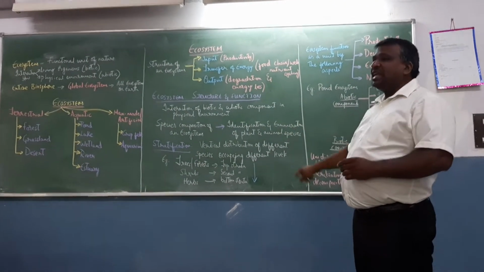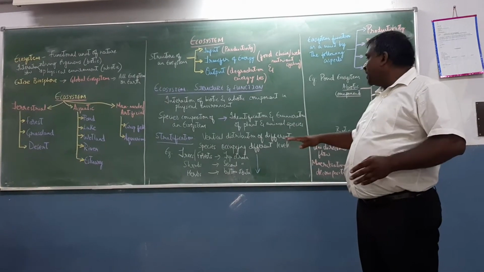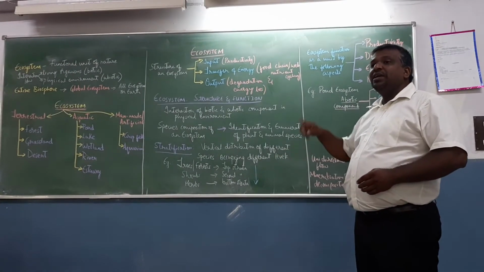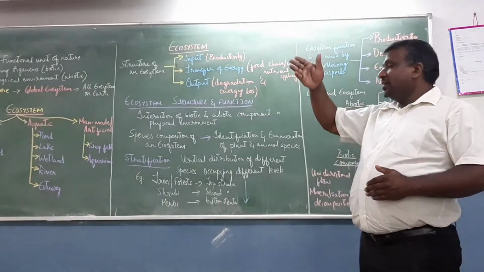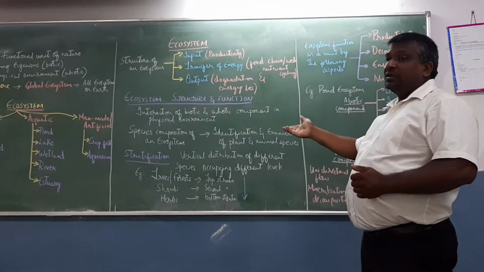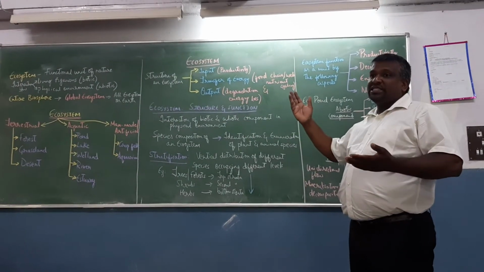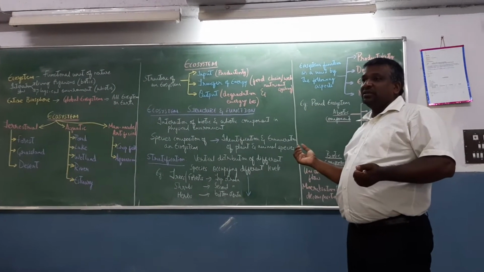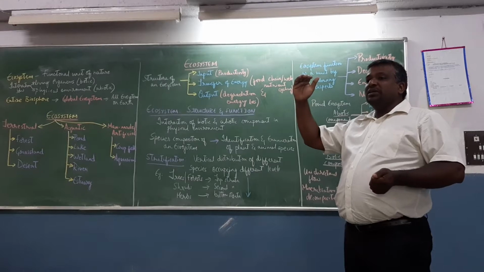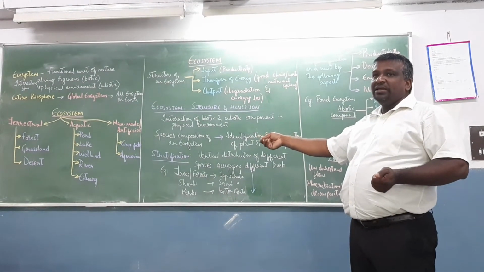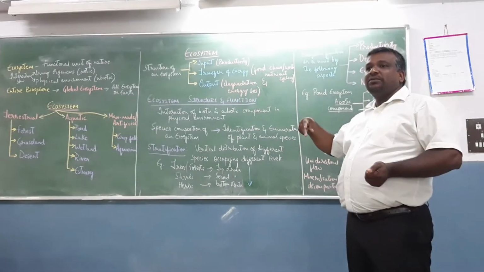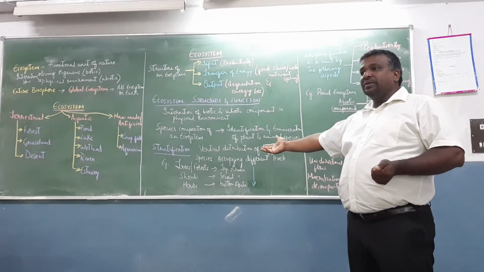Now here they have given an example of a forest where the trees are the topmost strata. Vertical distribution they have talked about. So the trees or forest occupy the topmost stratification layer. Second layer is the shrubs.